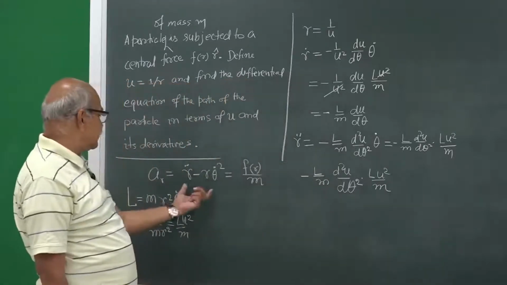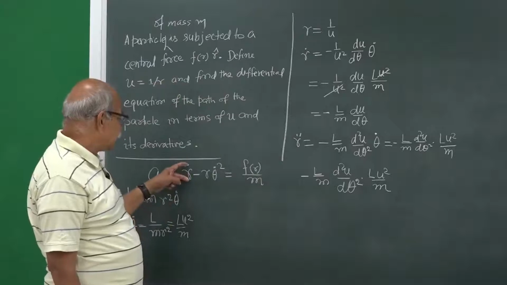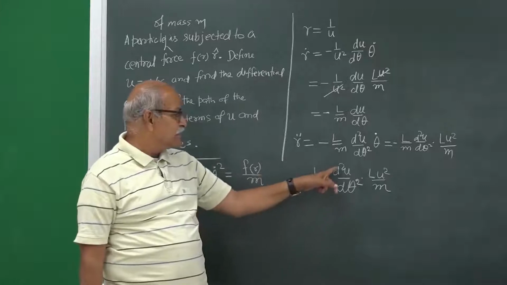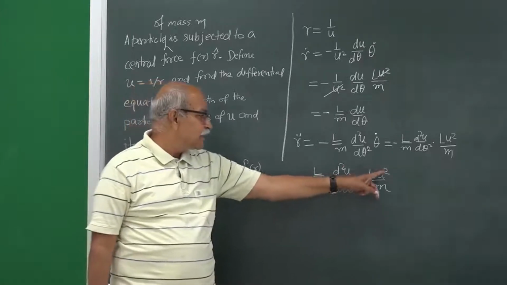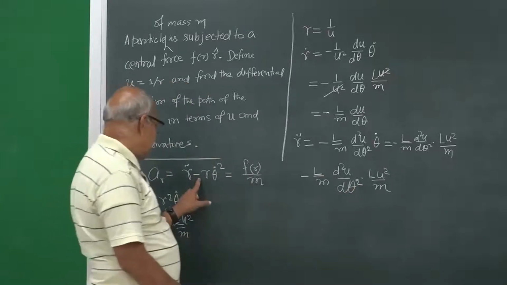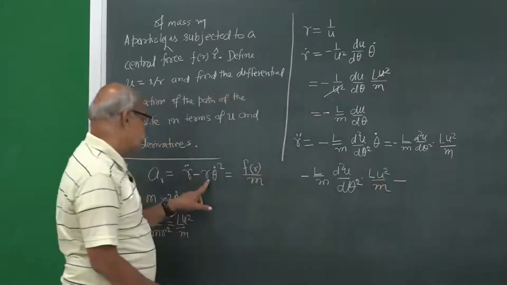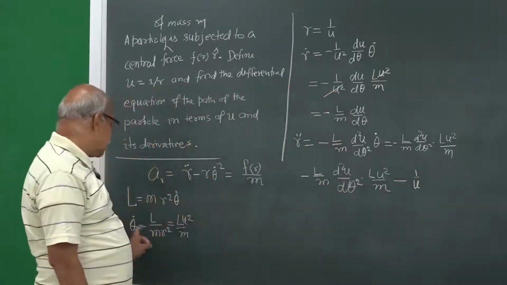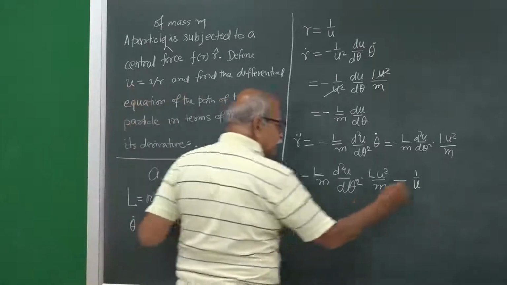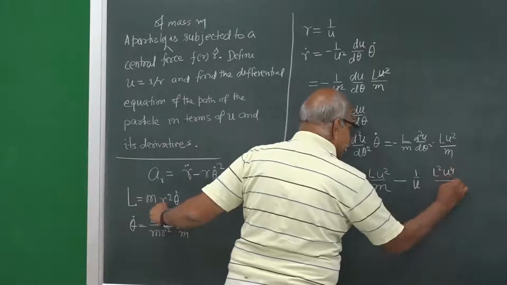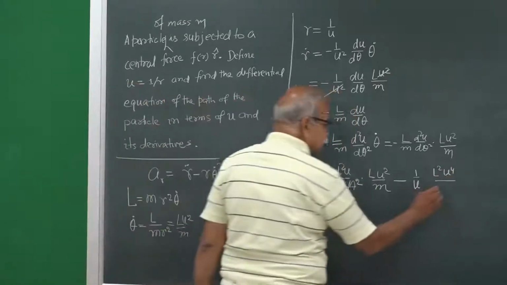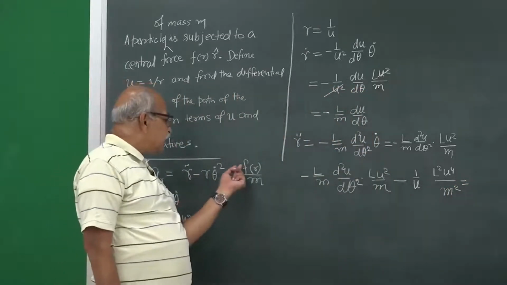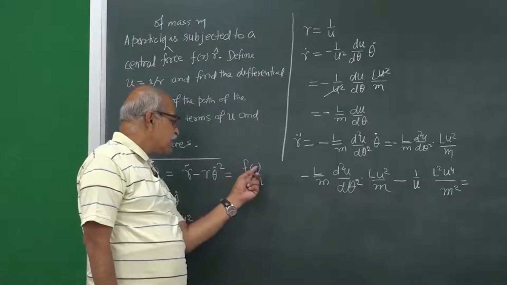This is what I am writing in this equation A. r double dot, only this part is here, r double dot is minus L by m d2u d theta square, L u square by m, then minus r, this r is 1 by u, and then theta dot square is L square u4 divided by m square, and that is equal to the force, function of r, f of r.